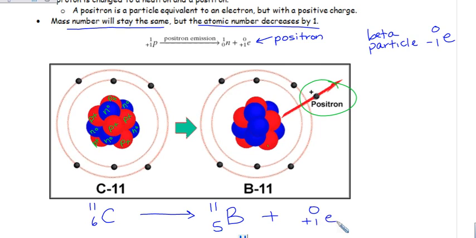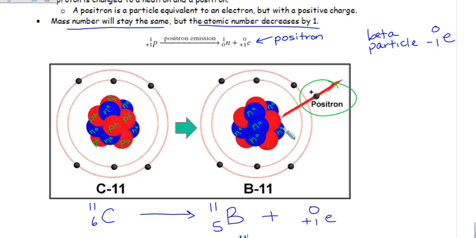Okay, so let's see if this adds up. My particles, then, I should have 1 neutron, 2 neutrons, 3, 4, 5, and 6. Yes. The mass stayed the same, still 11. Protons and neutrons have equivalent mass.